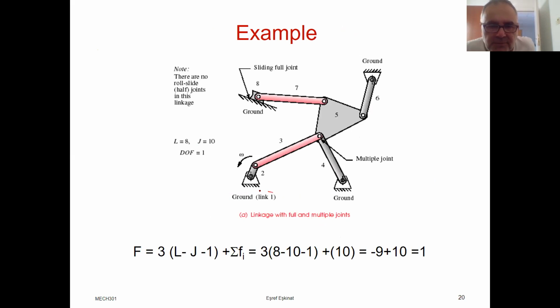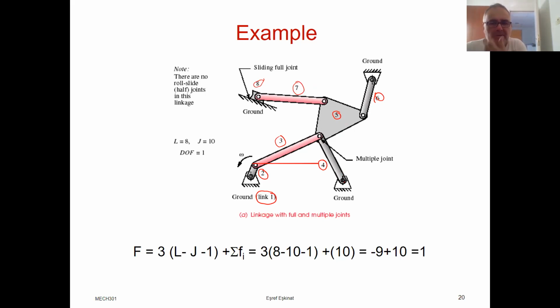First of all, we start from ground, which is link 1. Then this is link 2, this arm. This is link 3. This is link 4. So you have a 4 bar here connected to a triangular link, which is 5. 6 is here, 7, and a slider.